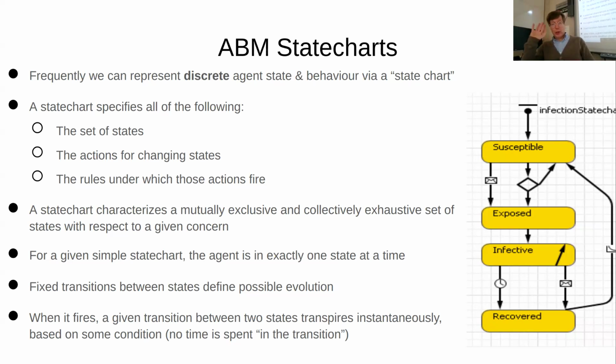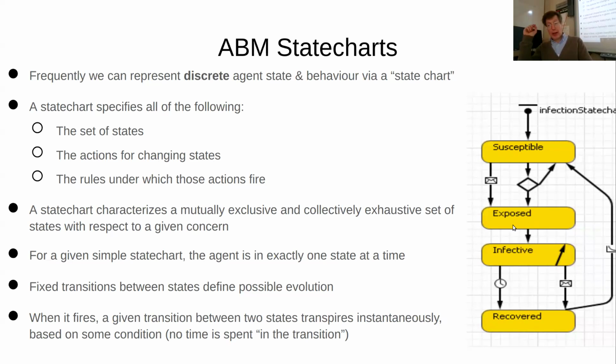So what is a state chart? Well, a state chart is a means of representing discrete agent state, and behavior, among transitions among those states. A state chart specifies the following. It specifies with respect to a concern, a specific concern, like infection here, the set of possible states that you can be in with respect to that concern. Here, susceptible, exposed, infective, and recovered. The possible actions by which that state could change.